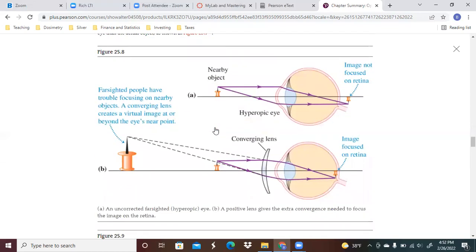So farsighted people have trouble focusing on nearby objects. A converging lens creates a virtual image at or beyond the eye's near point. So in other words, as this comes in, you've got a virtual image out here, and the image focused on the retina is what you would end up seeing here.